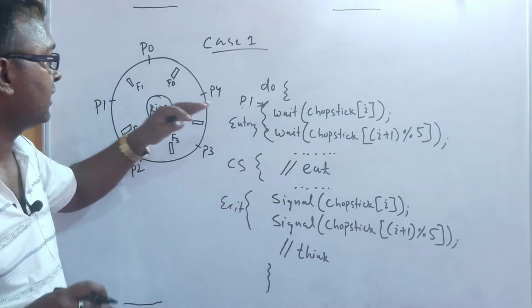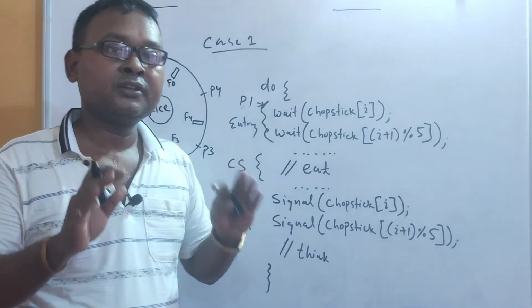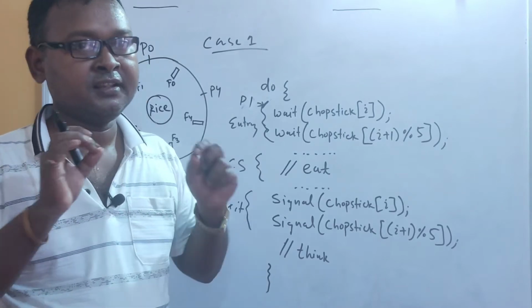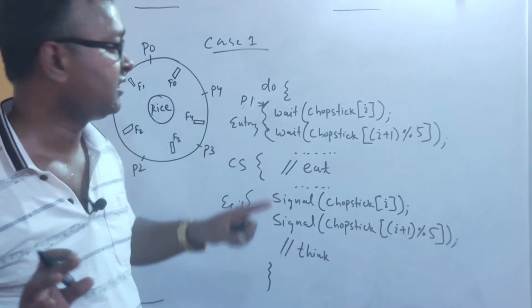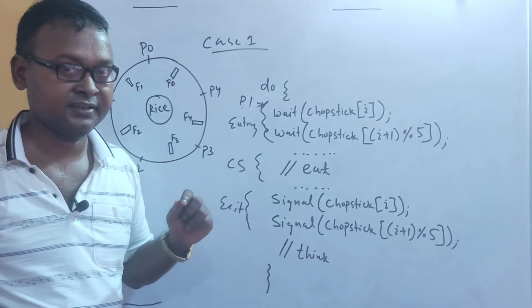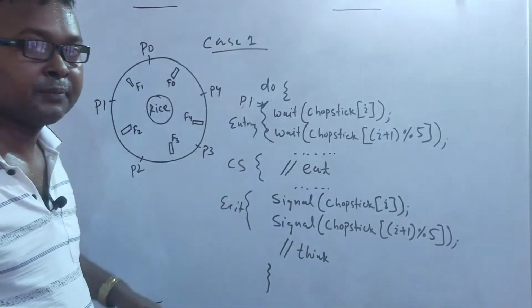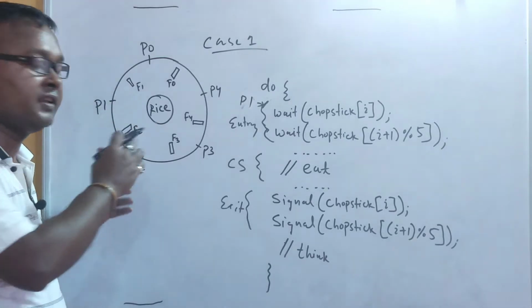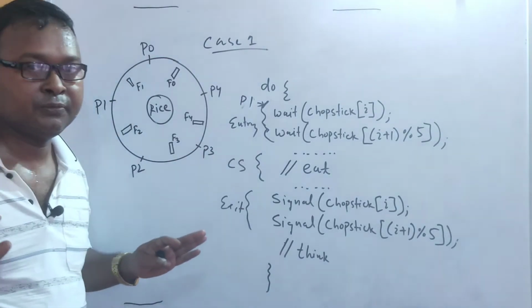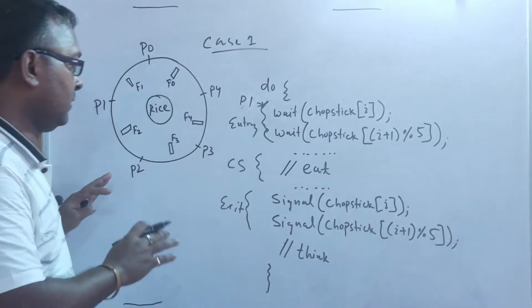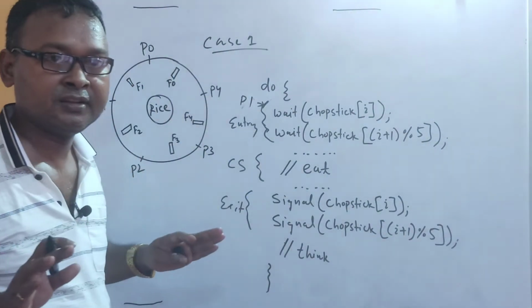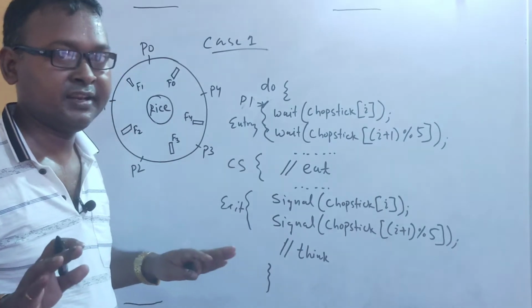P3 likewise, P4 likewise, all the philosophers will be successfully eating the rice, there won't be any kind of problem. This is the case number 1 that I discussed, right? In a sequential way they are coming, eating the rice and moving out, so there won't be a problem in the dining, right?